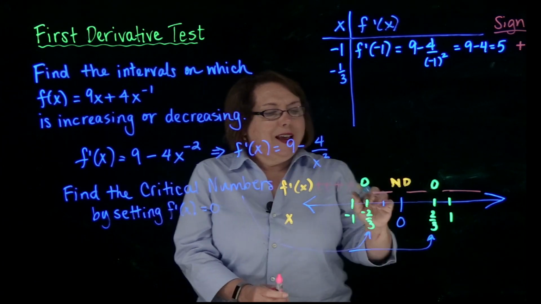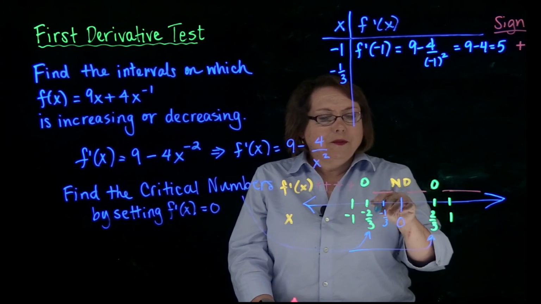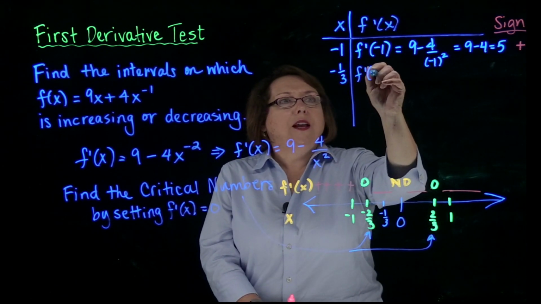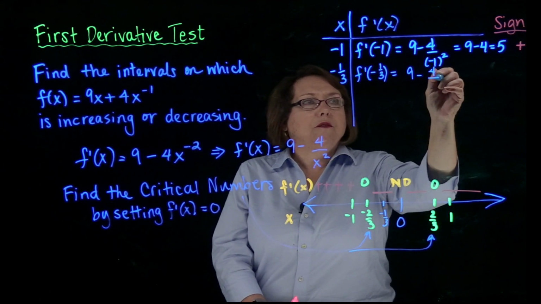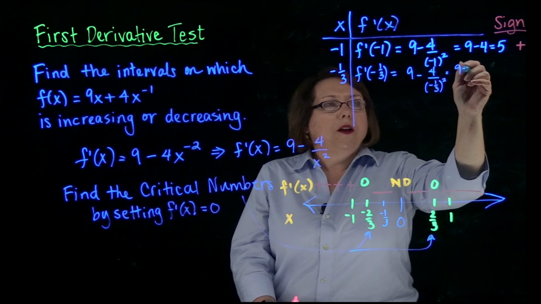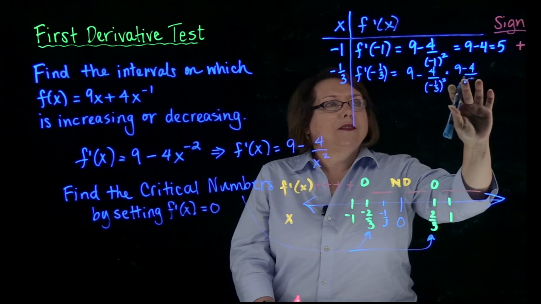All right? And again, what am I looking for? I'm looking for the sign of that first derivative. So I want f prime of negative 1/3, which is 9 minus 4 divided by negative 1/3 squared, or 9 minus 4 divided by positive 1/9.